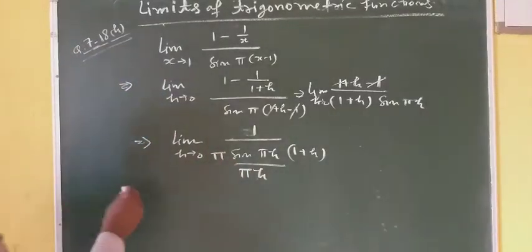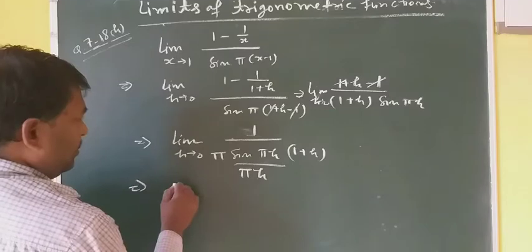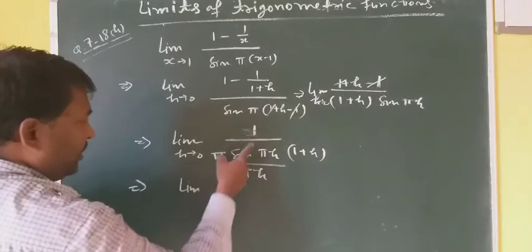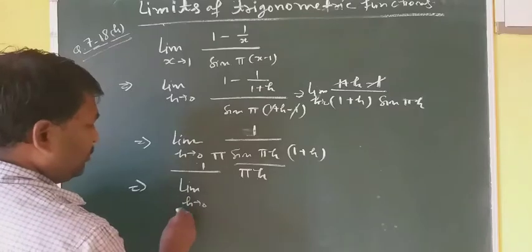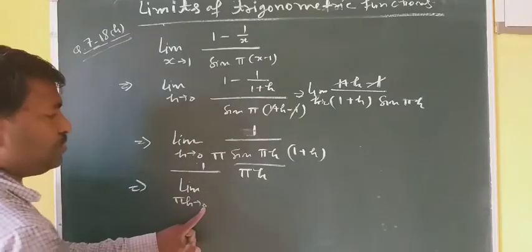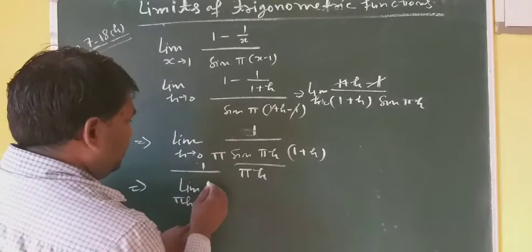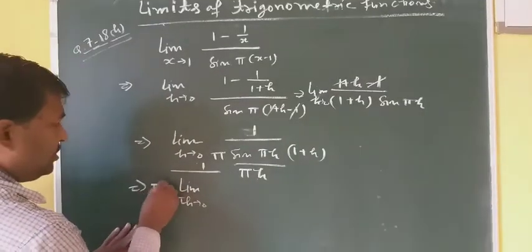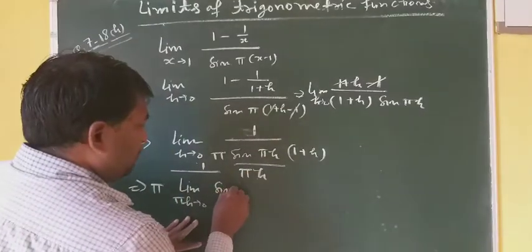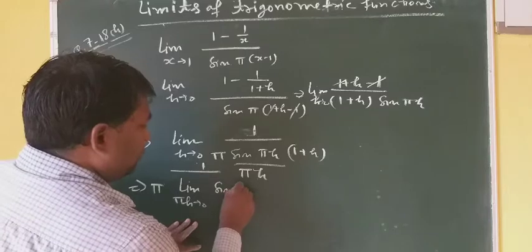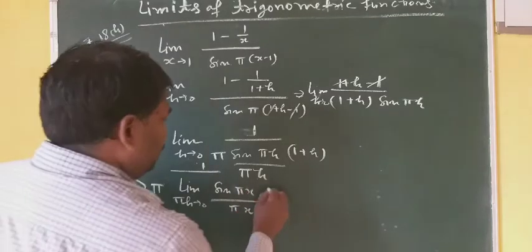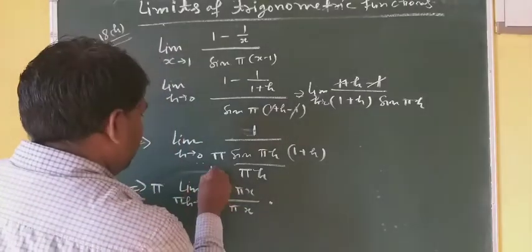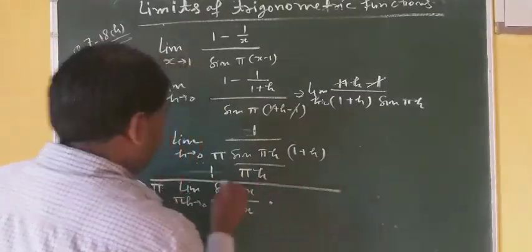In this way, what can you write? Limit 1 upon limit h tends to 0, so pi h will also tend to 0. So sin, this pi is outside, here sin pi h upon pi h, into 1 upon like this.